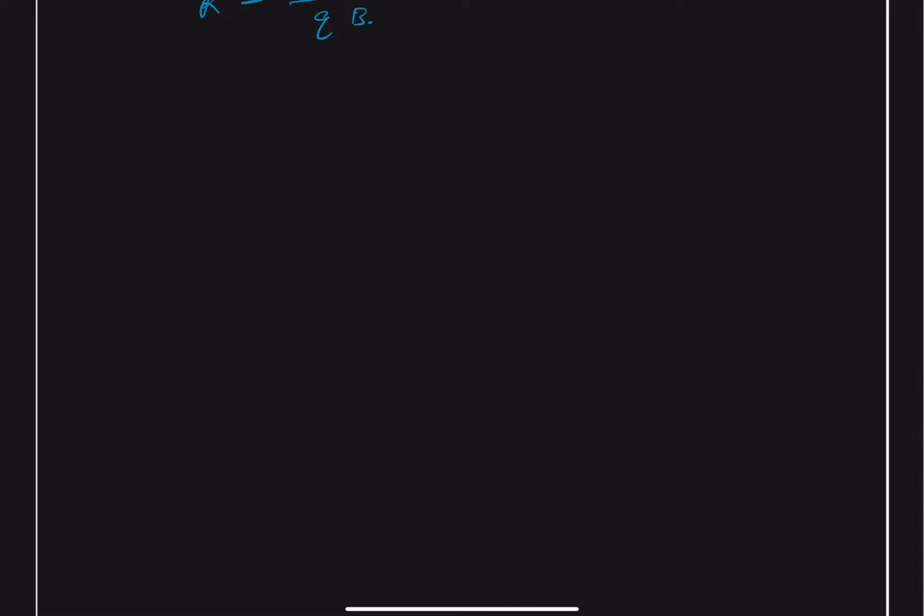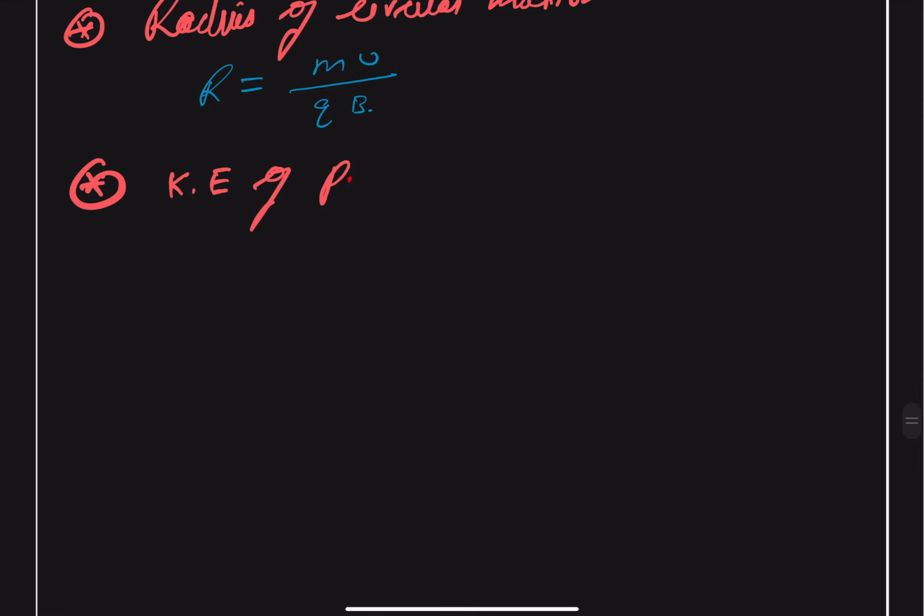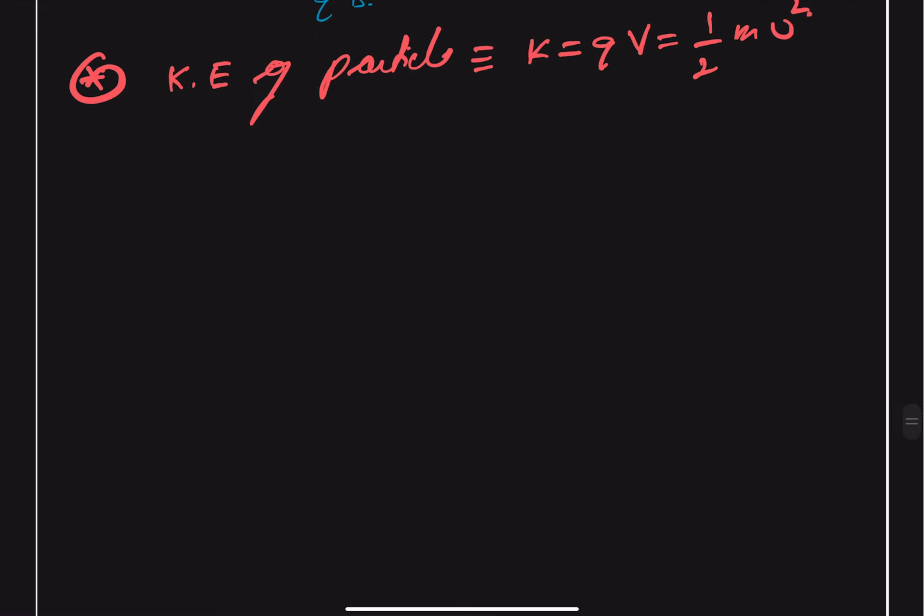You can say that kinetic energy of the particle will be our K, and this will be equal to qV, and we can write this as half mv square. So we get our velocity v is equal to square root of 2qV divided by m.